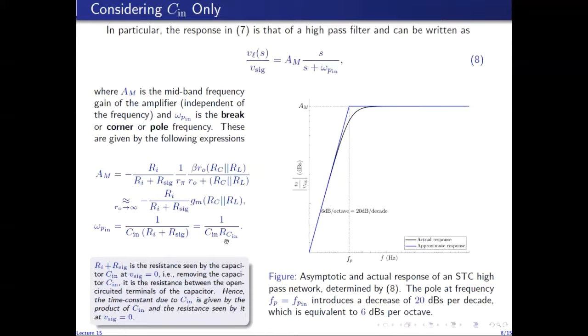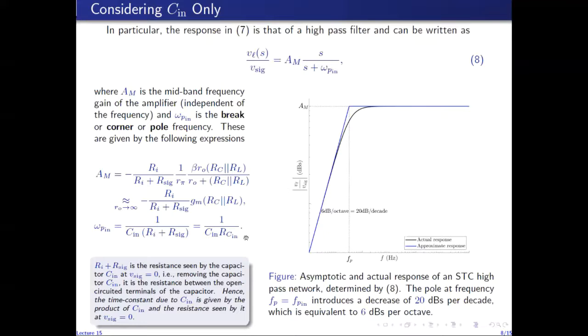And this is a trend that we will see later on as well for the other capacitors. That is, the approximate analysis of the amplifier taking into account the other capacitors will also yield a pole frequency, whose pole angular frequency will be given by the inverse of the respective time constant, in which the time constant is given by the value of the capacitance of the capacitor and the resistance seen by the capacitor at V sig equal to 0. So this is a very important result.